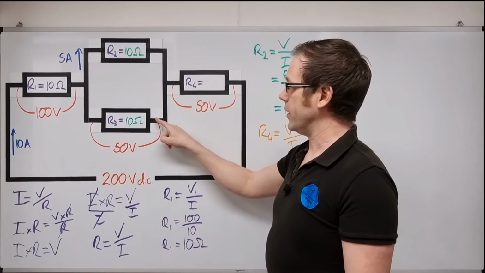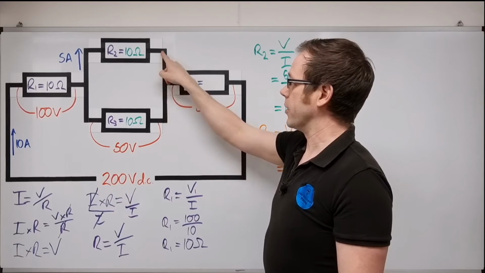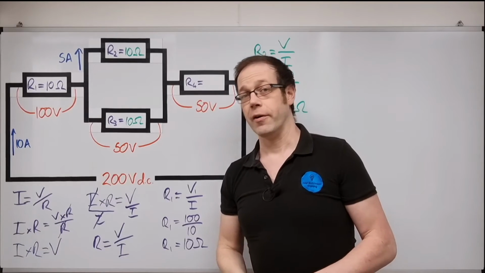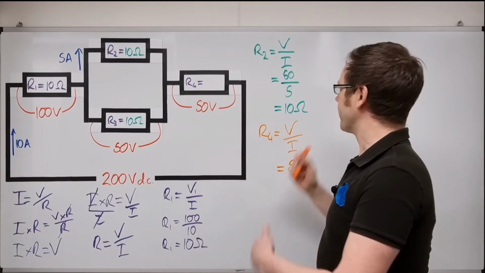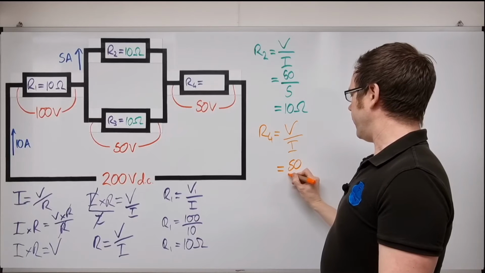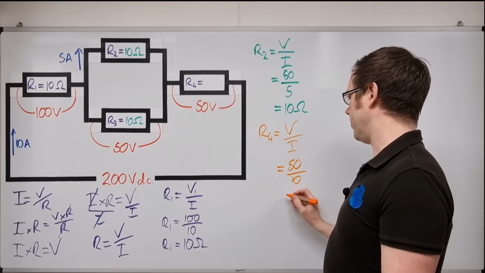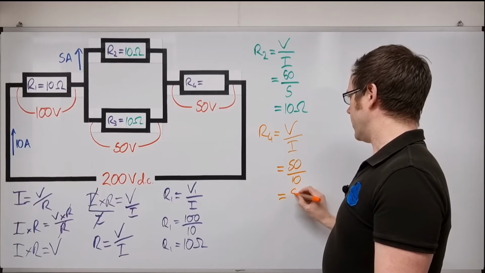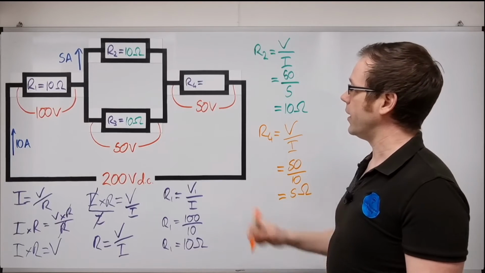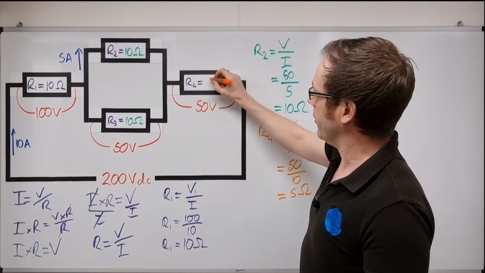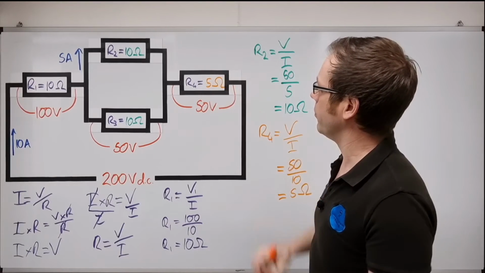So therefore we've got the addition of the current in this branch and the current in this branch flowing through there, which gives us a total current of 10 amps again. So there we go. So now we've got 50 volts divided by 10 amps, and that is going to give us 5 ohms. So therefore this resistor here, R4, has a value of 5 ohms.